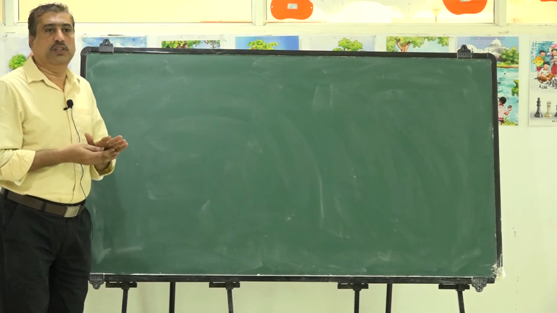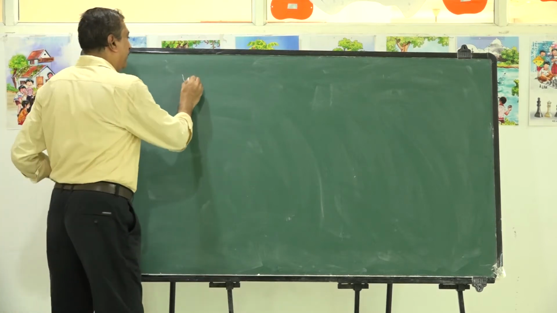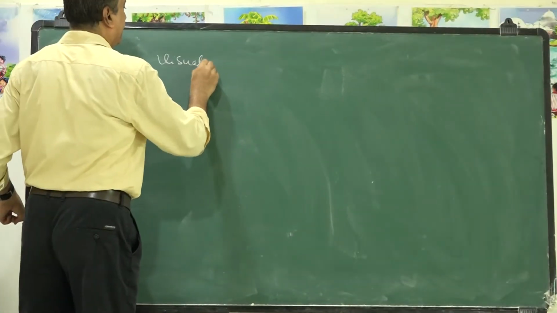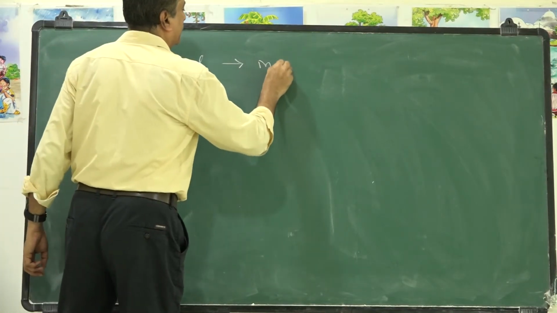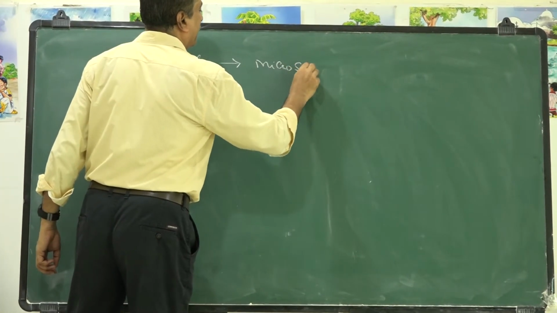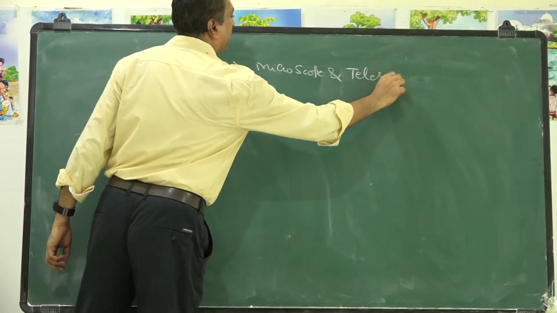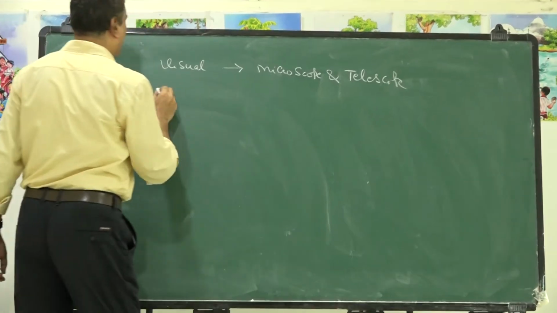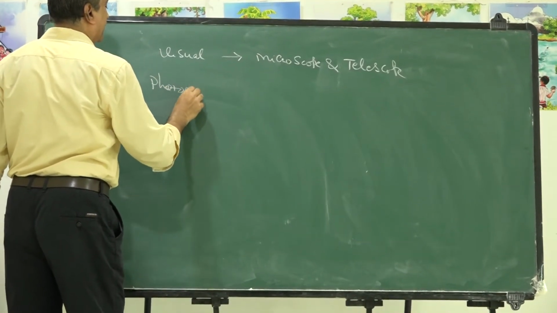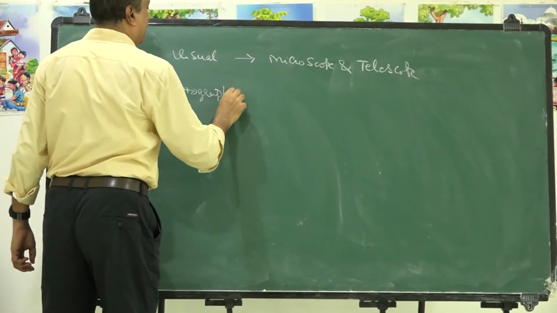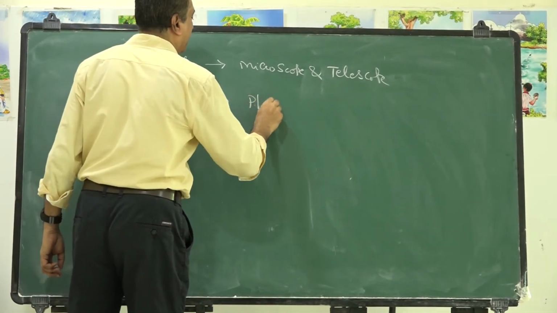First one is visual instruments. In this category we have the microscope and telescope. Now photographic instruments: in this category we have the photographic camera.